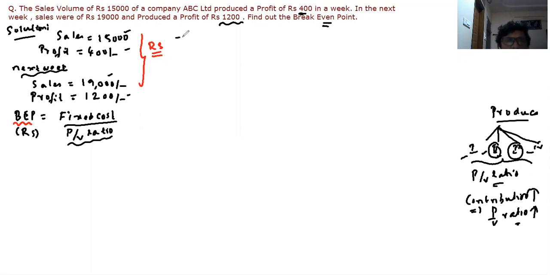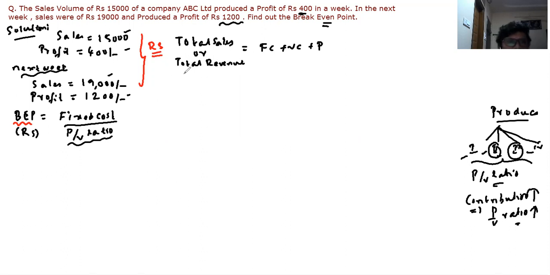We know the basic formula in break-even analysis: total sales, or total turnover, or total revenue, is given by fixed cost plus variable cost plus profit.